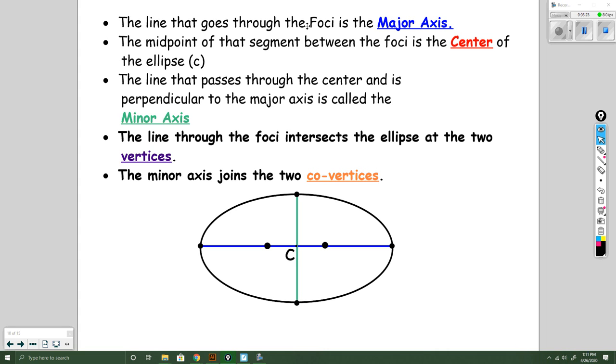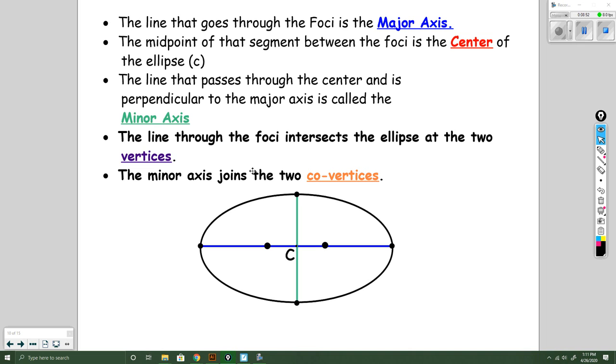All right, we also have foci, 2 foci in an ellipse, which actually is what creates the ellipse shape. There's a relationship within the foci that creates that shape that forms the ellipse. But one of the main things is that the foci lie on the major axis. So we have 2 axes, a major and a minor, and the intersection would be the center of the ellipse.